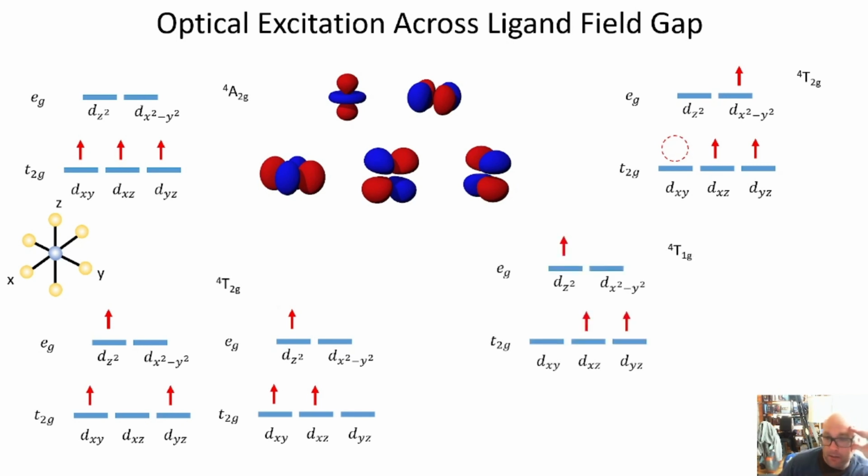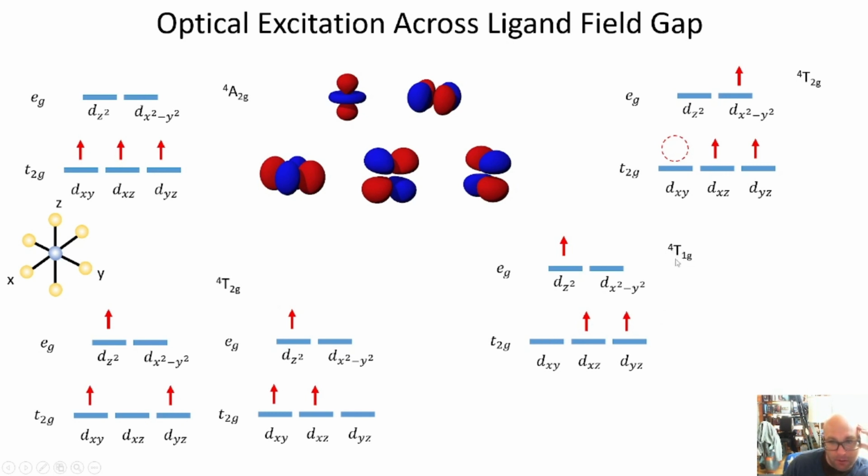So the next example is the next highest excitation in this system, which would be if instead of taking xy and going to x squared minus y squared, I would take xy and go to z squared. And that also is triply degenerate because I can do any one of these three as the starting point.